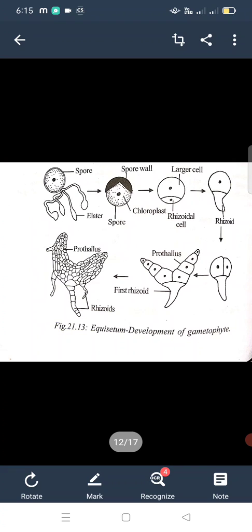The archegonia are found in the basal region, and the antheridia are found in the upper region. This is the picture of a gametophyte.